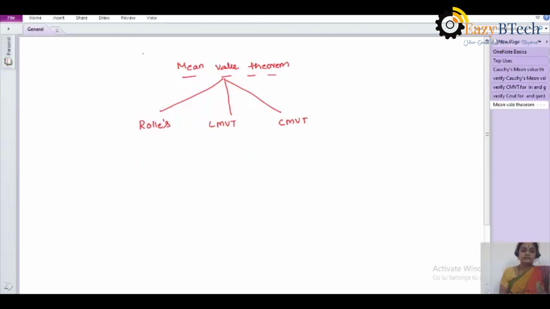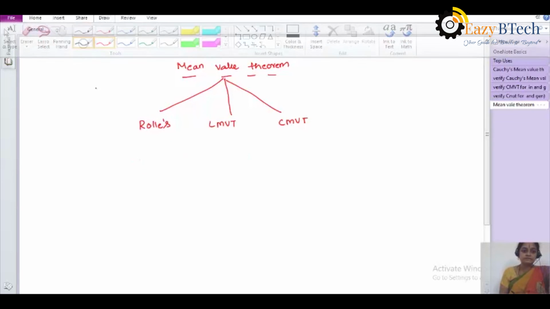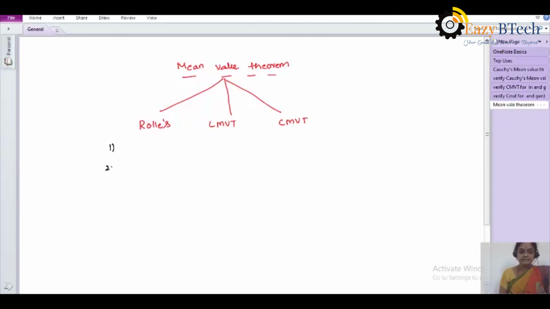In these three theorems, the first two conditions are the same: continuous on [a, b] and derivable on (a, b). For Lagrange's also the same conditions, continuous and the second one derivable.